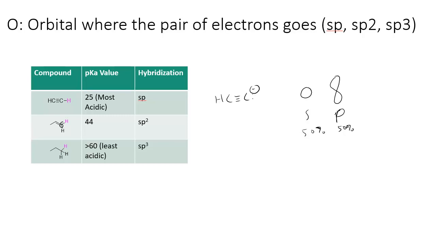In that case, we would have two p orbitals and one s orbital. So we'd have 33% of the s orbital and 66% of the p orbital.